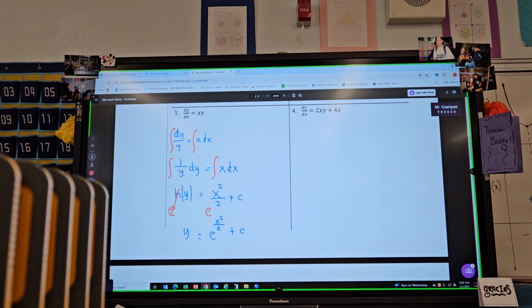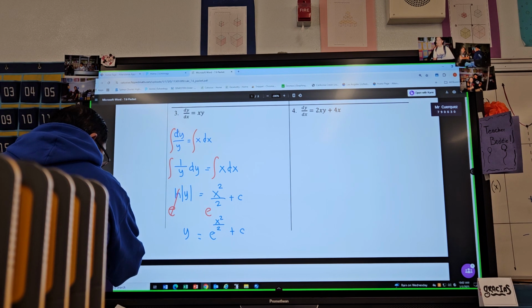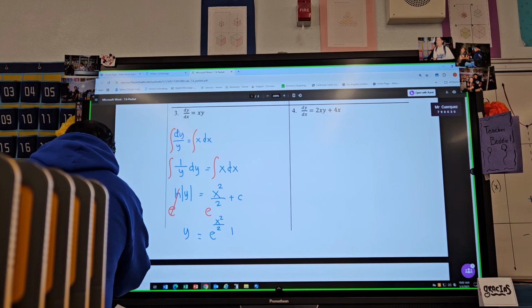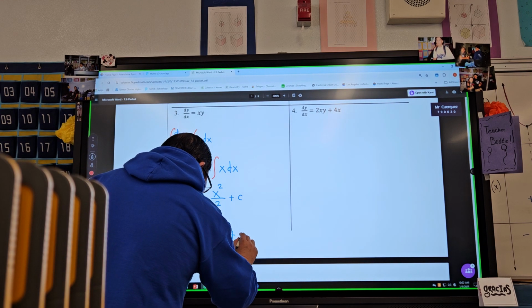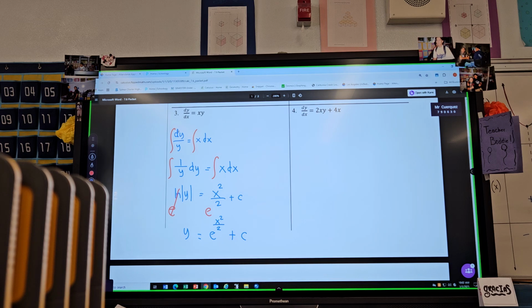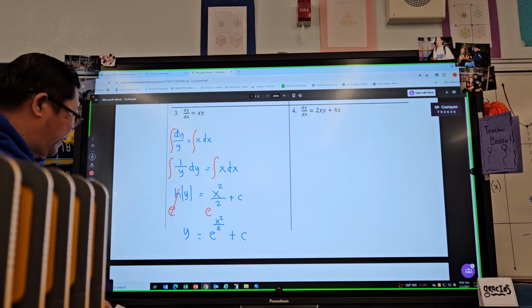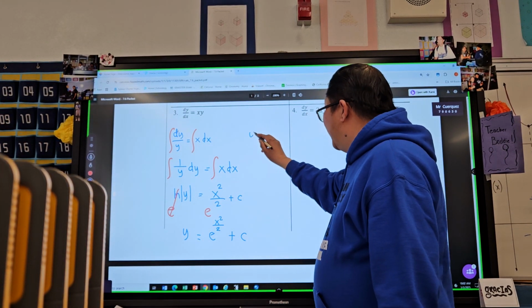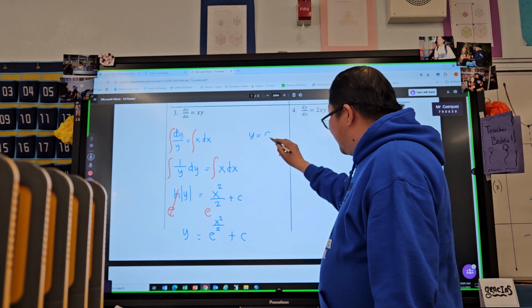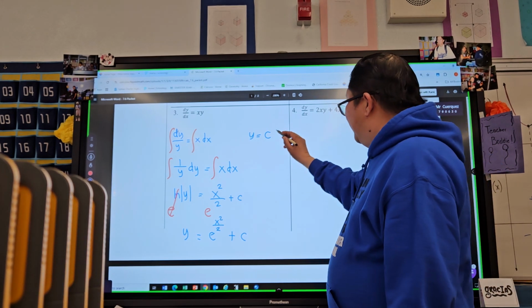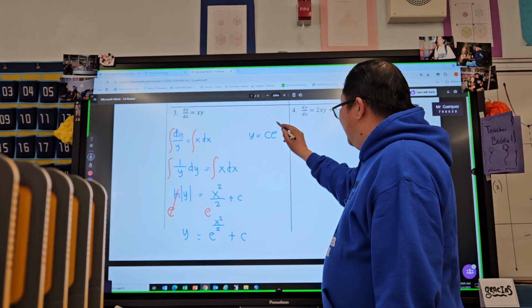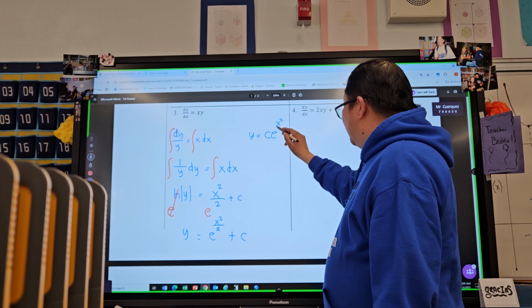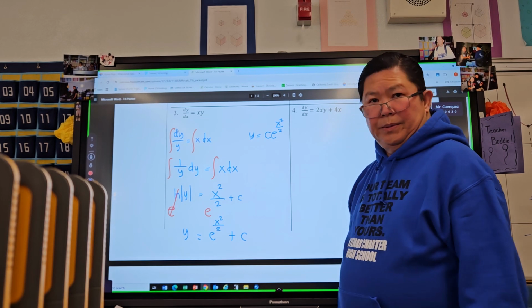And then what to do? Sorry. Now, the constant should be written before e. Okay? So our final answer, can I write the final answer here? So y is equal to c and then e to the power of x squared over 2.